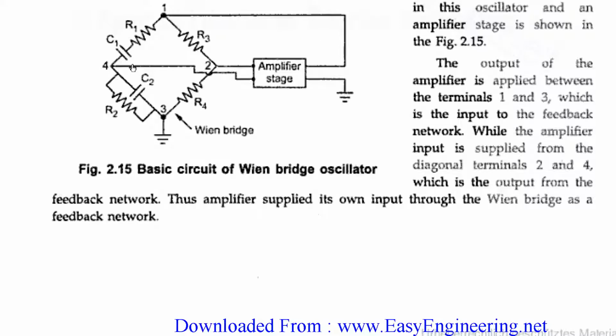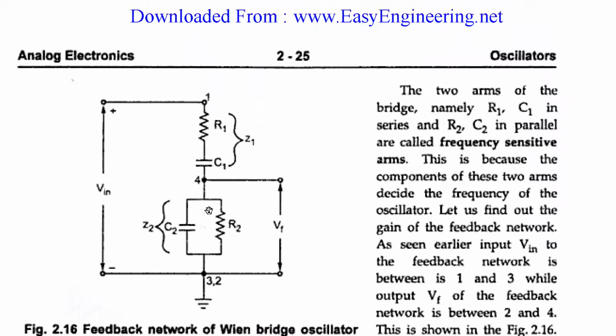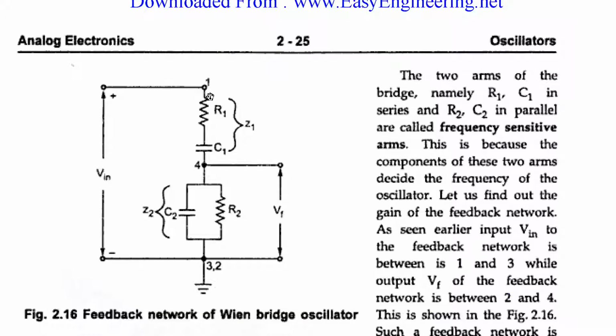So Vin, R1, C1, Vf, C2, R2. Vf is the junction between this branch and this branch, and Vin is at the top. We are representing it like this.